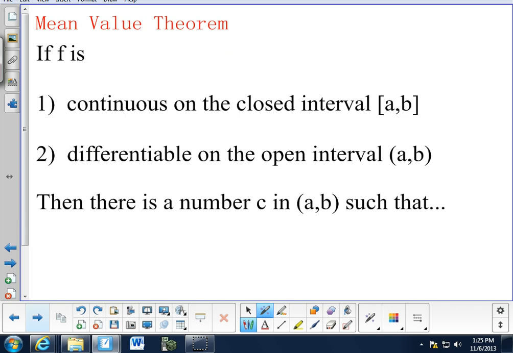Now, mean value theorem. Actually, Rolle's theorem is just a specific example of the mean value theorem. Notice the first two here are exactly the same as the first two of Rolle's.